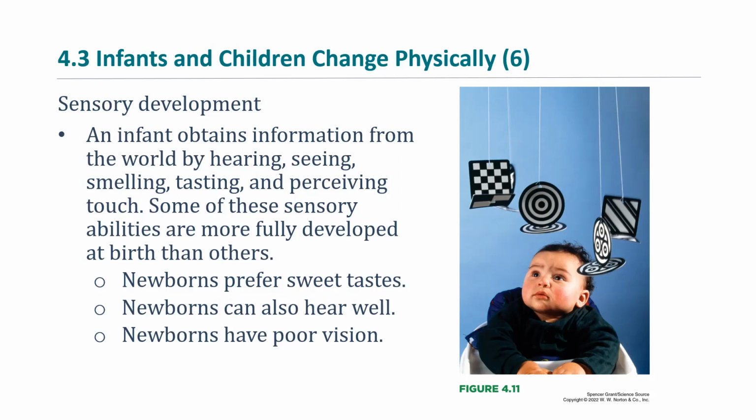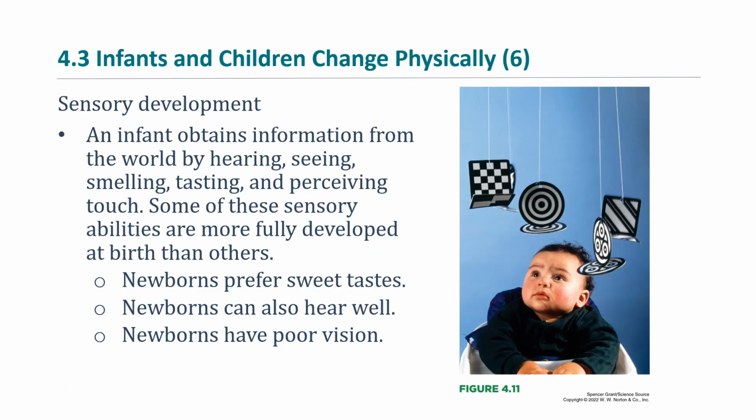Newborns can also hear well, so their hearing's well developed, just as their taste sensation is. The one that is least developed of the senses is their vision, and they do have very poor vision when they're first born. In fact, if an adult had the vision of a newborn baby, they would be considered legally blind.